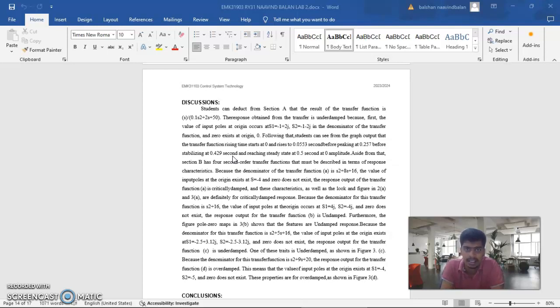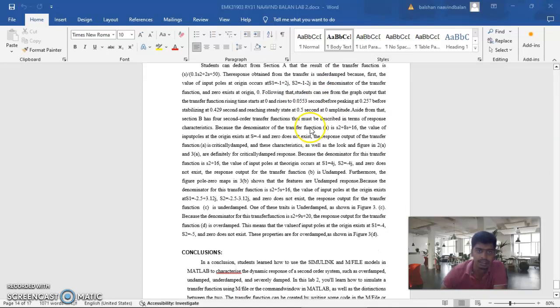Aside from that, section B, the second order transfer functions must be described in terms of response characteristic. For that, because of the denominator of the transfer function for A, the input poles are at s equals negative 4 and the zero does not exist.